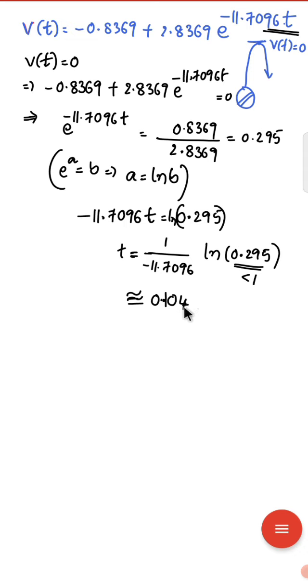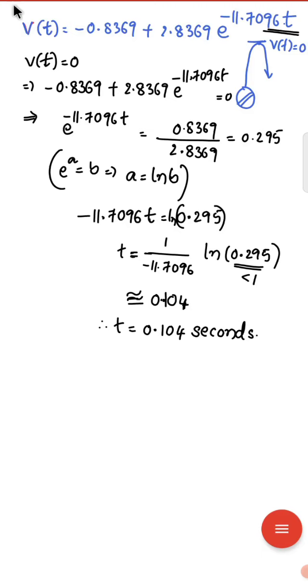Therefore t is equal to 0.104 seconds. So it reaches its maximum height when t is 0.104 seconds. That means within 0.1 second it is reaching its maximum height.